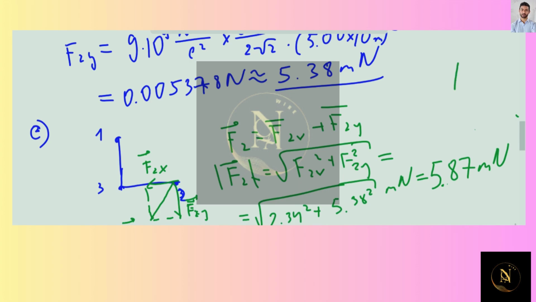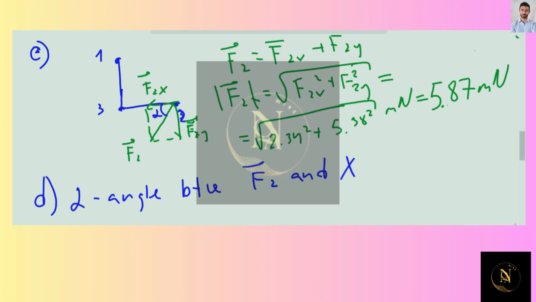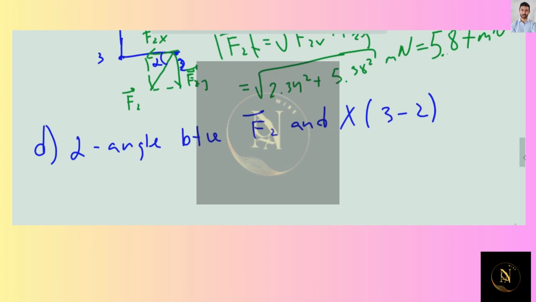Okay, and lastly, we have to calculate the direction of this force. Again, let's label this angle as angle alpha. So alpha is the angle between F2 and the x-axis, or the line which connects charges 3 and 2. So from the triangle shown here, alpha equals the arctangent of F2y over F2x.